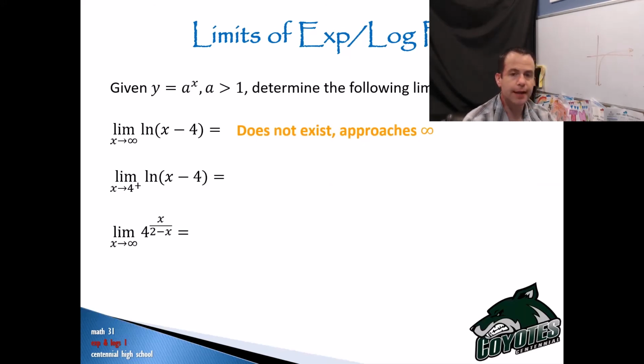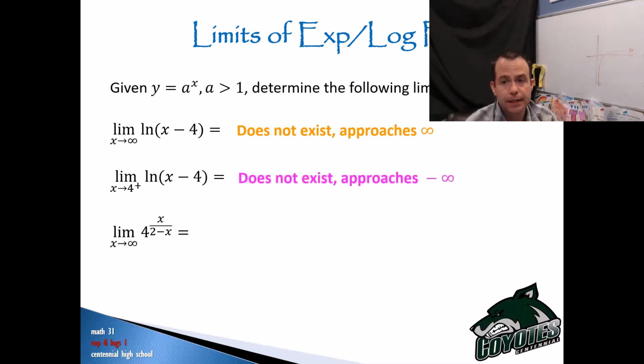But on the next guy, as I approach 4 from the right, I could plug in 4.1, 4.01, 4.001, 4.0001, and test that out. You should be getting the fact that you're going to negative infinity there.